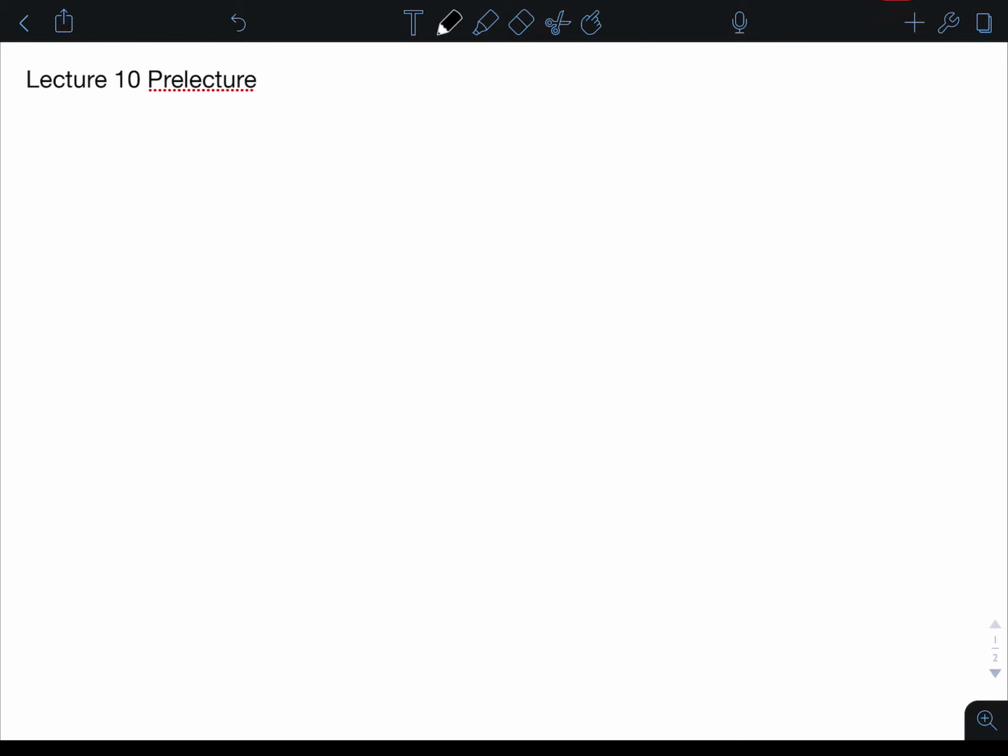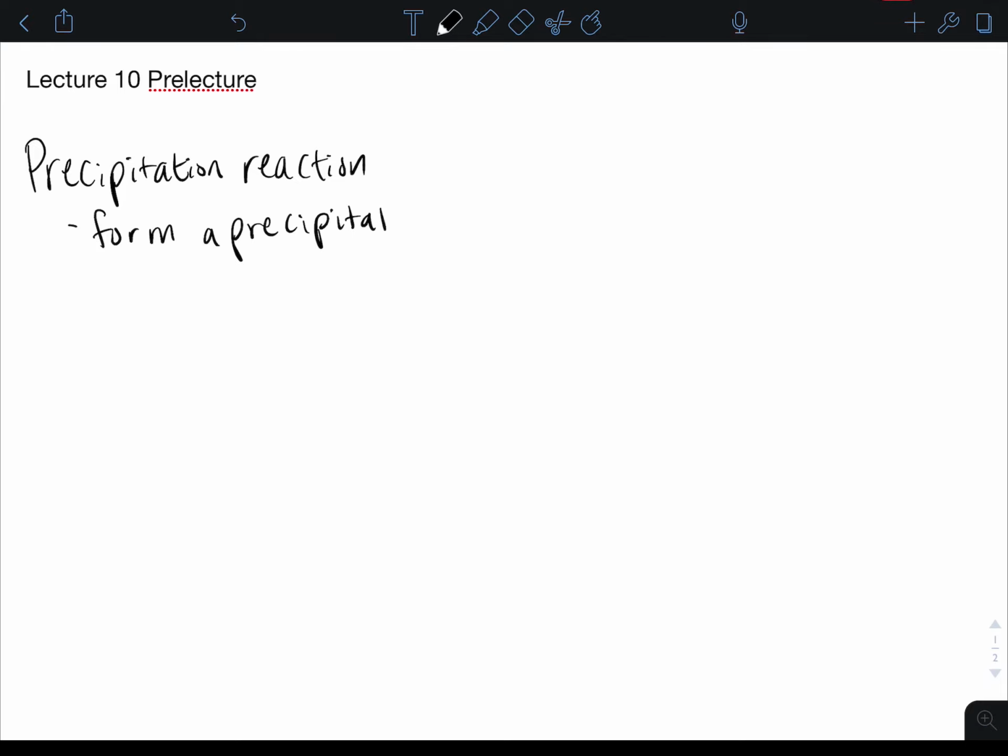So a precipitation reaction is going to be one where we form a precipitate. For instance, we have the following reaction, 2KI, potassium iodide, which is soluble, reacting with lead nitrate, which is also soluble.